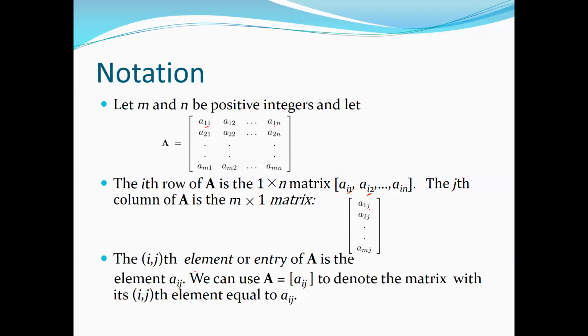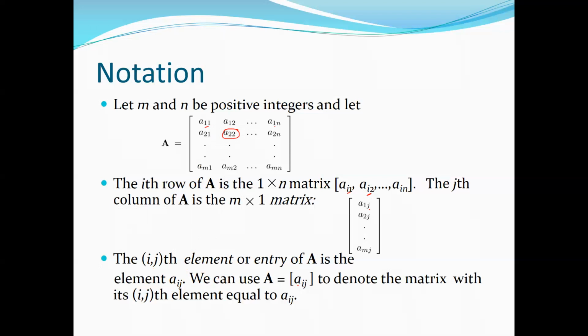The i comma jth entry of A is the element Aij. So for example, for this one, the i comma jth element is 2 comma 2. The i value is 2 and the j value is also 2, so the element is A22.